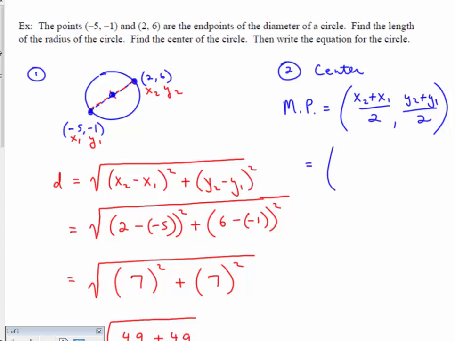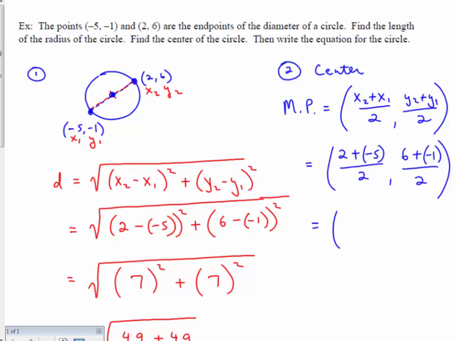Alright, so plugging in, x sub 2 was 2 plus x sub 1 was negative 5. y sub 2 was 6 plus y sub 1 was negative 1. Keep in mind that this is an ordered pair, so you want to keep that ordered pair notation.